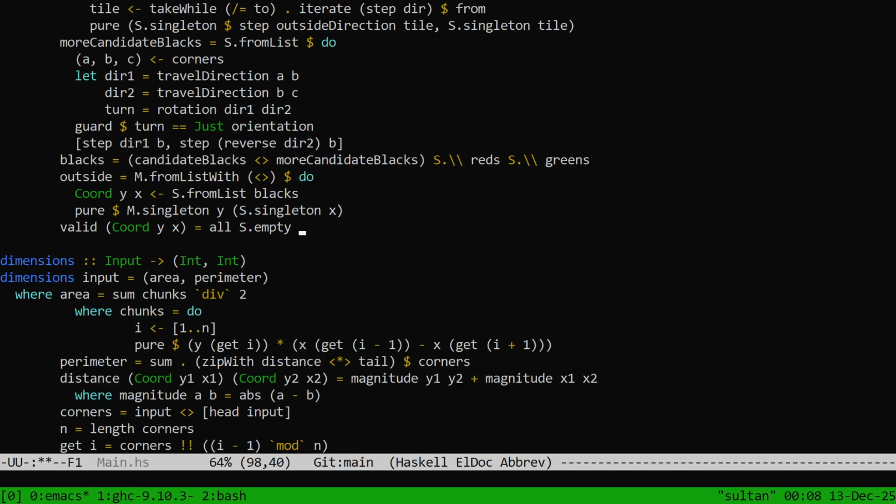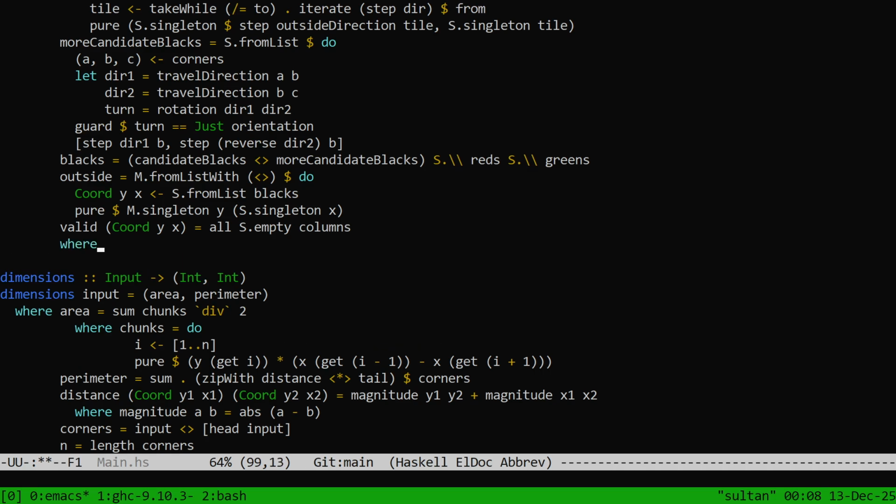Of columns, in a way, where ignored and x, what do I call this?